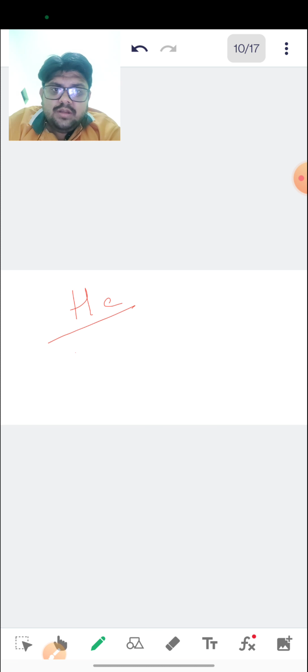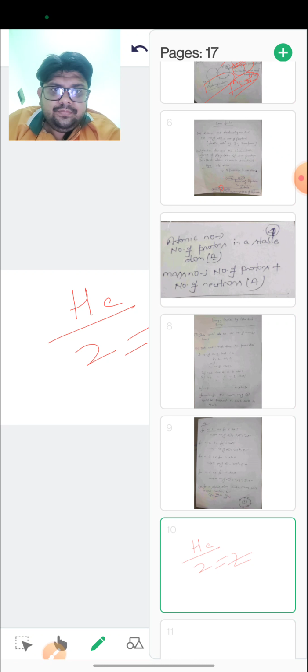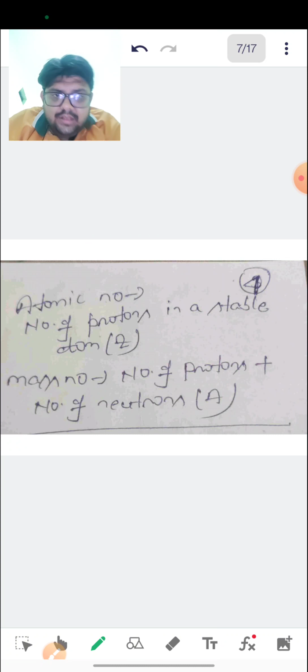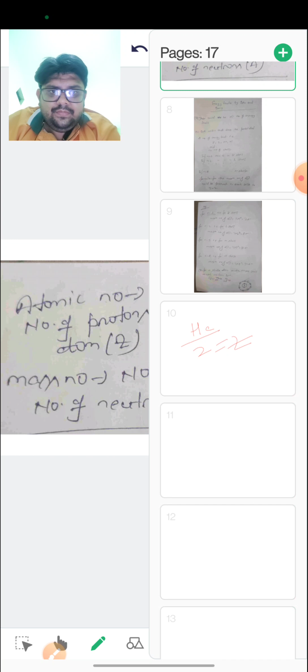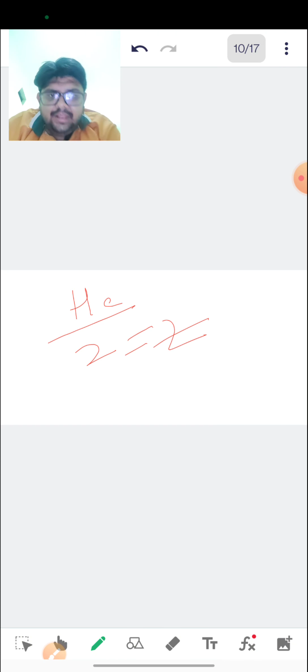Helium has two protons, so its atomic number is 2, and this is denoted by the letter Z. And now, what is mass number? It is the number of protons plus the number of neutrons. In the helium atom, there are two protons and two neutrons, so its mass number is 4.